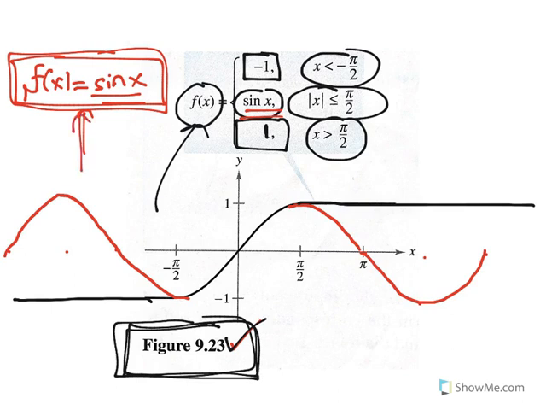So that is why we would have the same Taylor series both for the function that we worked with yesterday and for the function from figure 9.23, because they have the same rule at x is equal to 0. So when you're forming the Taylor coefficients and when you're evaluating the derivatives of the function at 0, you'd get the same values for both what we did yesterday and for the black graph that we're looking at in figure 9.23.